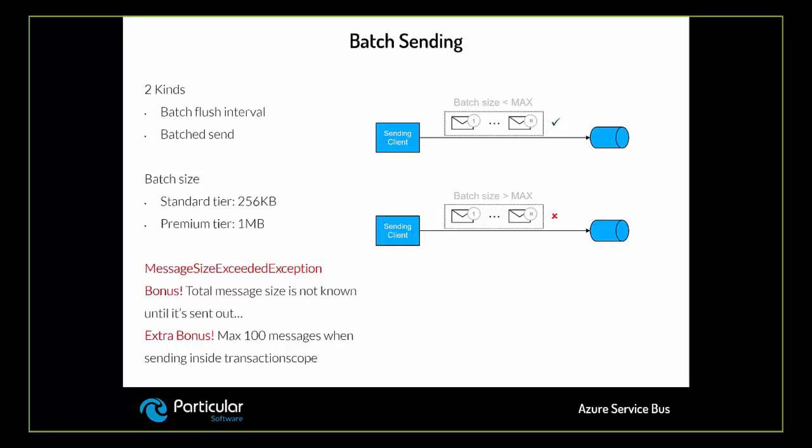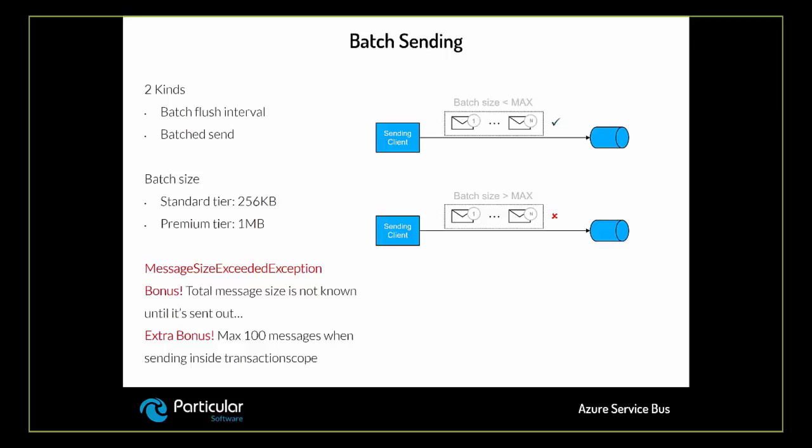The moment we exceed the size, we'll get an exception. Now, as you remember, the bonus of not knowing the actual total message size, so if you just collect your brokered messages before you send and sum up the size property, it might not necessarily give you the accurate size, so you have to sort of estimate it a little bit.